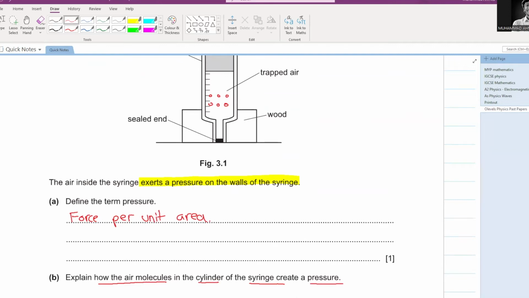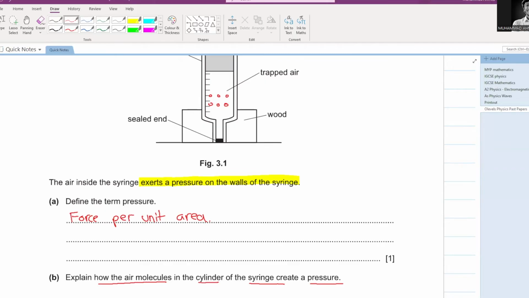You will say the air molecules are moving at random and they hit the walls of the piston. As they hit the walls of the piston, they exert a force. This force per unit area gives rise to pressure.